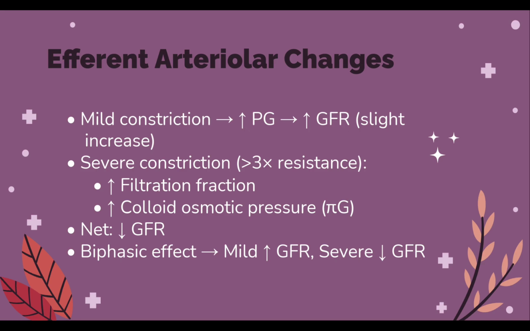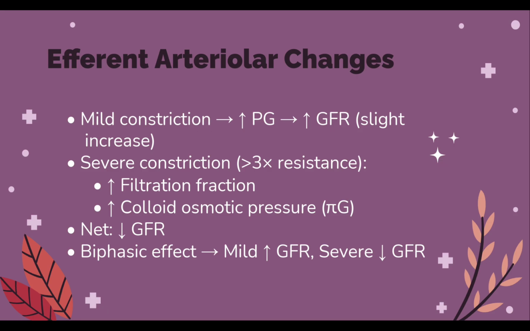So thus it increases the glomerular filtration rate. At the efferent arteriole, when there is mild constriction, there is increased glomerular hydrostatic pressure, so there is a slight increase of glomerular filtration rate. And when there is severe constriction, it can increase the filtration fraction and colloid osmotic pressure, so the net glomerular filtration can be decreased.